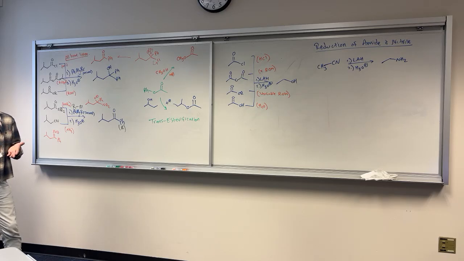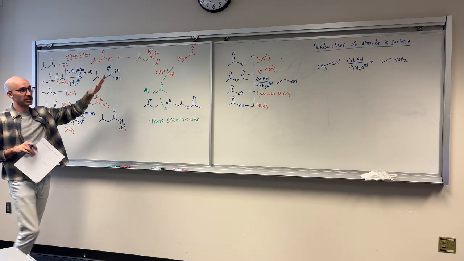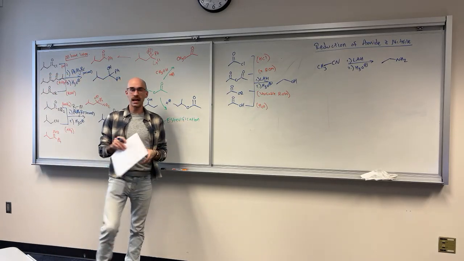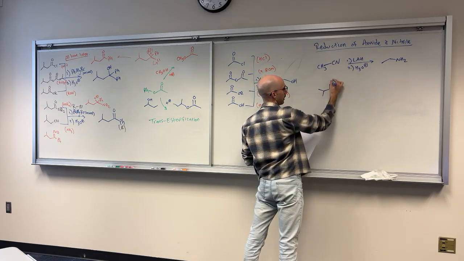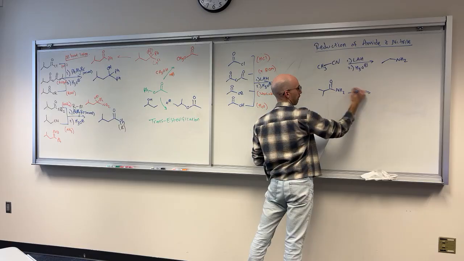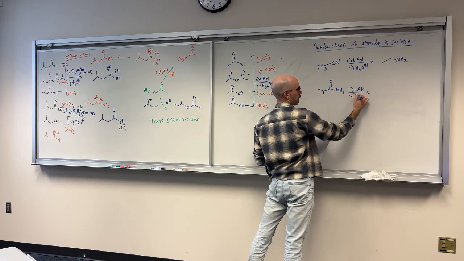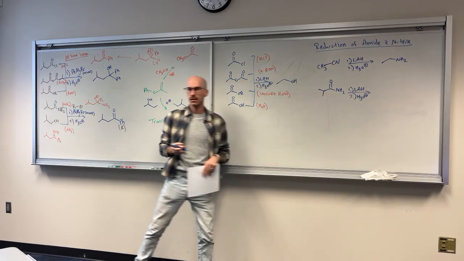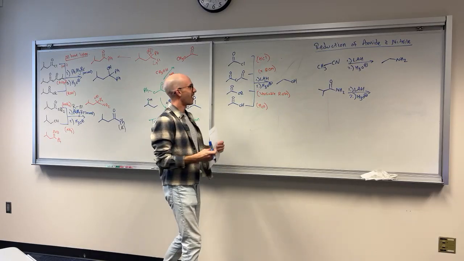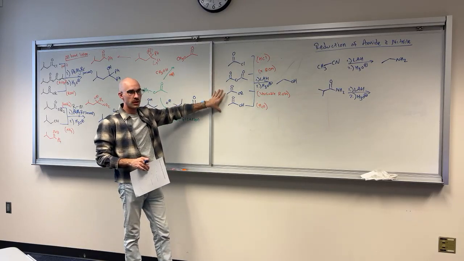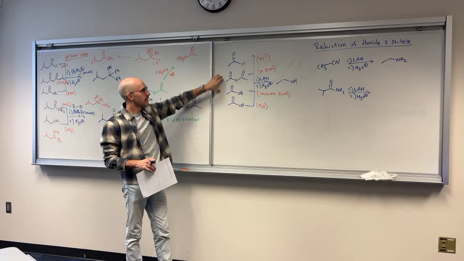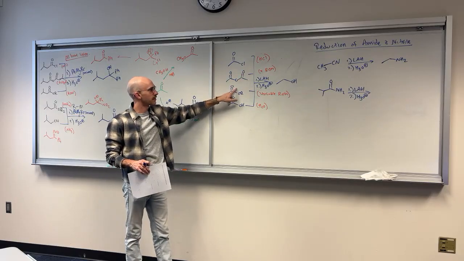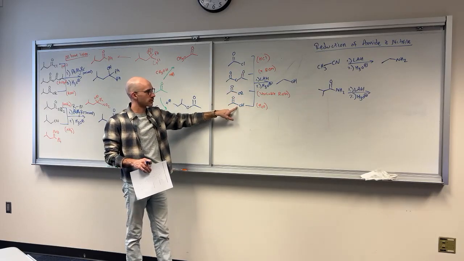CN bonds are very hard to break, so they don't. In this reduction, when I add hydrogens to the carbon, I keep the CN bond. If I have something like a primary amide, unlike all of these other groups, which have some sort of cleavage, the Cl bond cleaves, the carboxylate cleaves, the alkoxide cleaves, the hydroxyl cleaves.